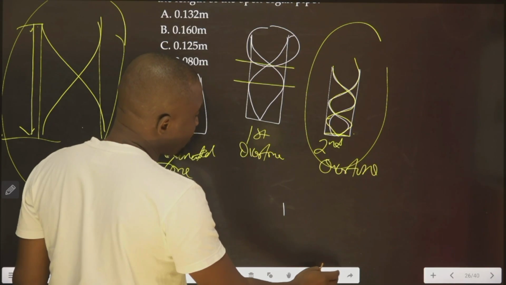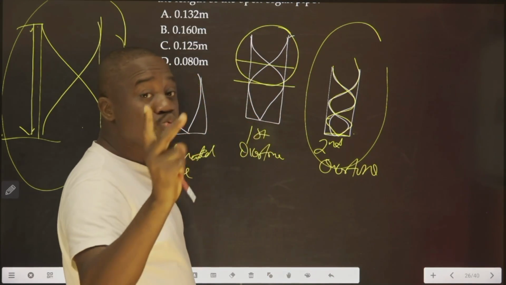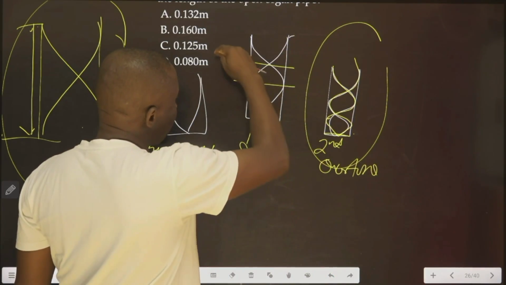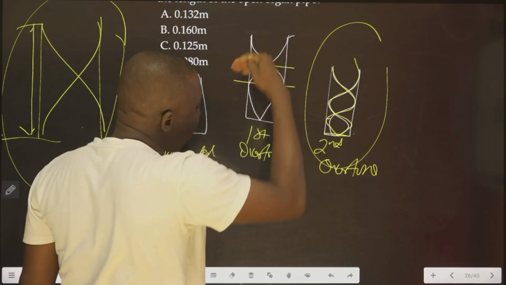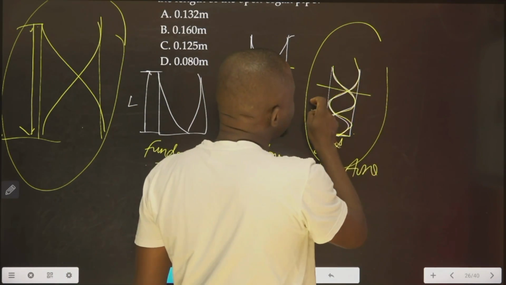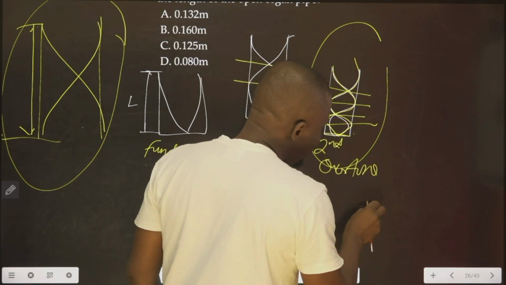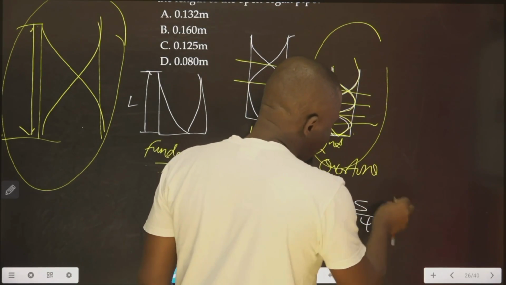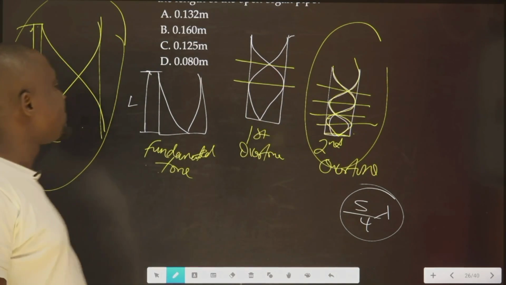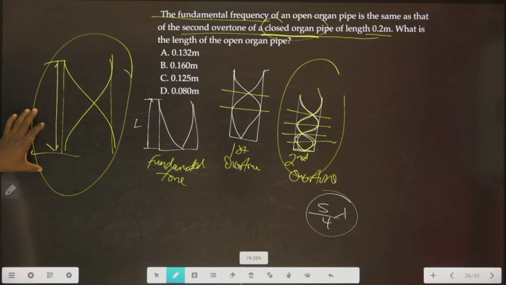Okay? For this one, there are 2. For this, there are 3. Here, 1, 2, 3. Let's come for this. That is 1, 2, 3, 4, 5. 5/4 is for this, for closed organ.